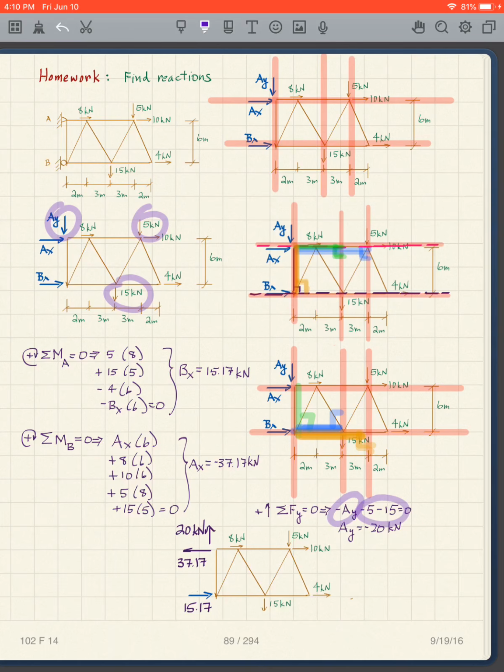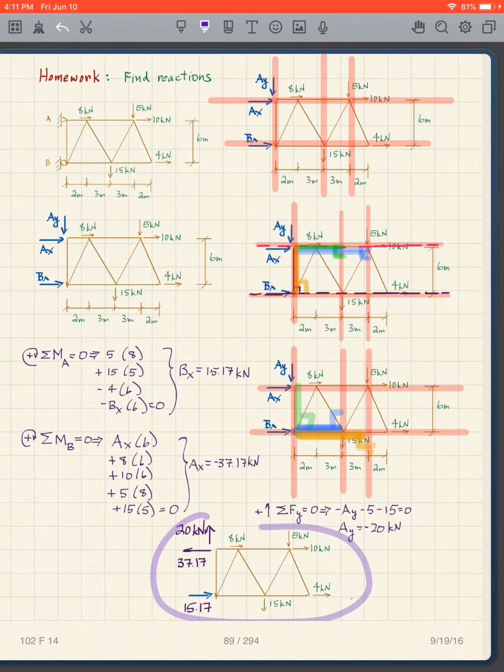Again, I chose that when I drew the free body diagram. It's okay, as long as I show it negative AY here. So I solve for AY and I get negative 20 kilonewtons. There's my final free body diagram.